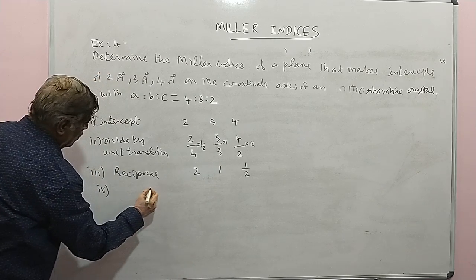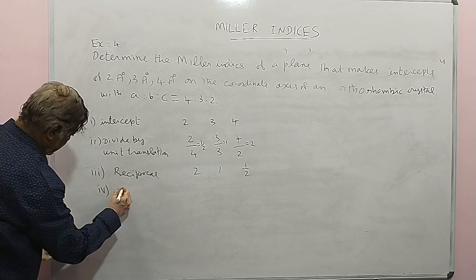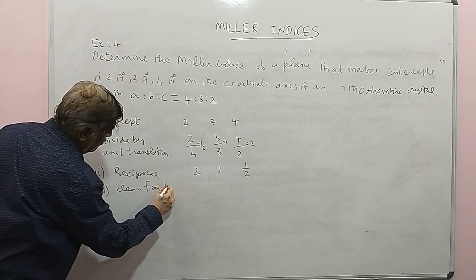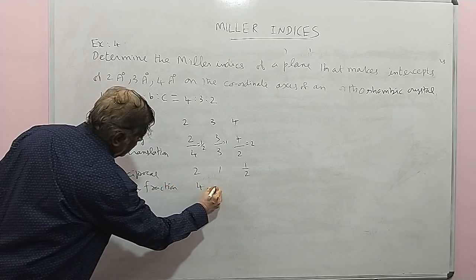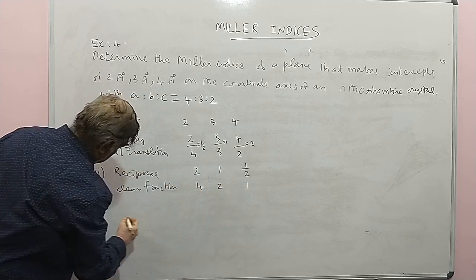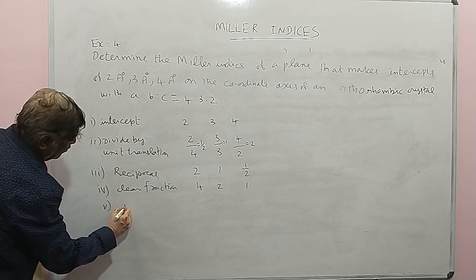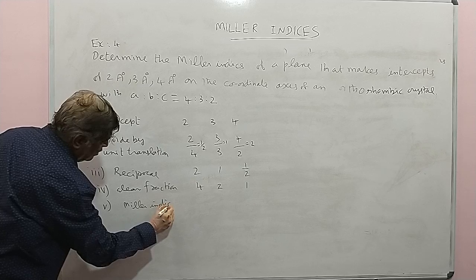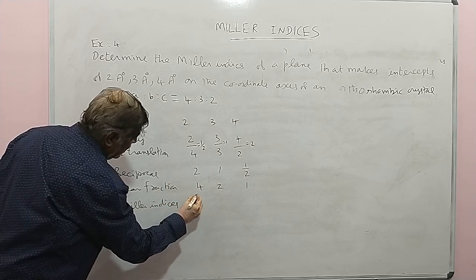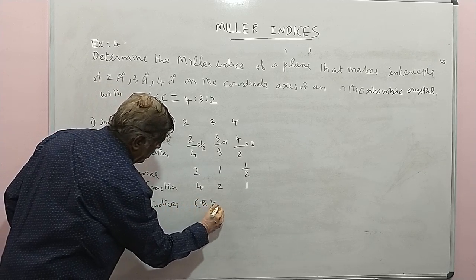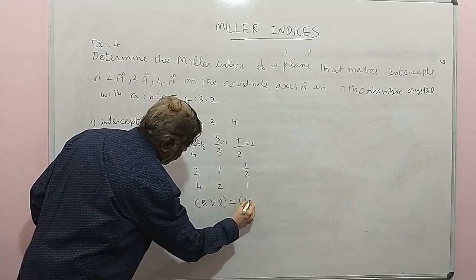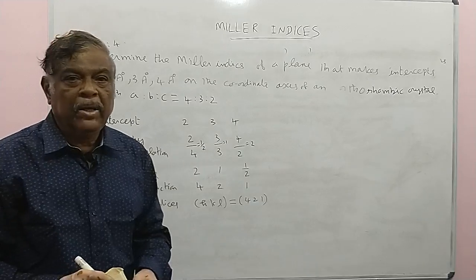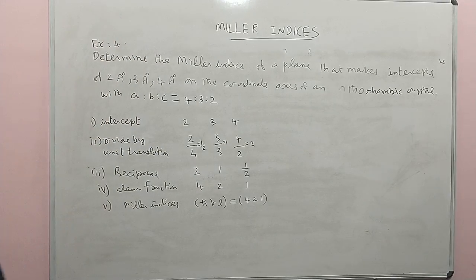So if you multiply by 2, you will get a clear fraction. So this must be 4, 2, 1. So the fifth one is Miller indices. This can be written like this: HKL is 4, 2, 1. So this is the way you have to find the Miller index.